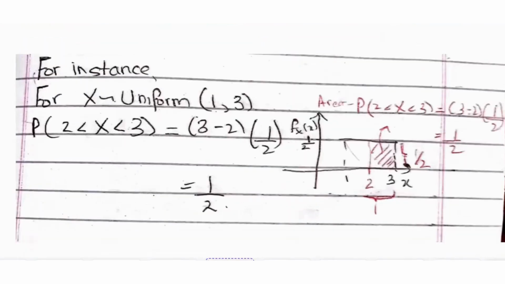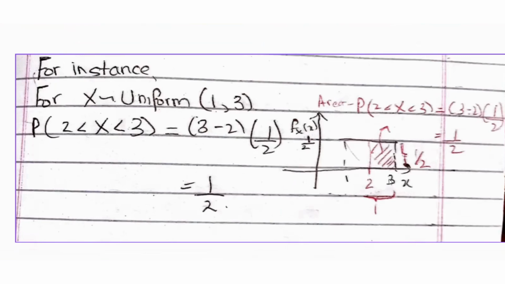So for instance, say X is uniformly distributed from 1 to 3. If we want to find the probability that X lies between 2 and 3, we can either integrate the PDF from 2 to 3, or we can just simply see from the graph the area under the PDF, as the area under the PDF is just the area of a rectangle, which is easy to find. We know this is the PDF of the uniform random variable.